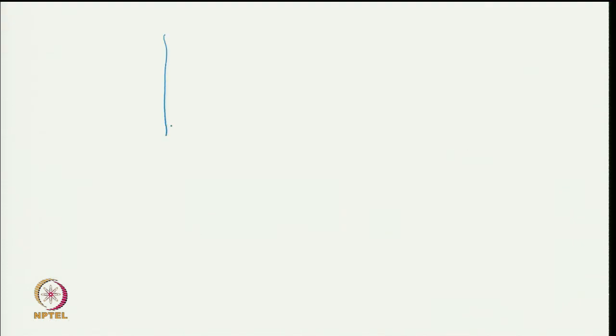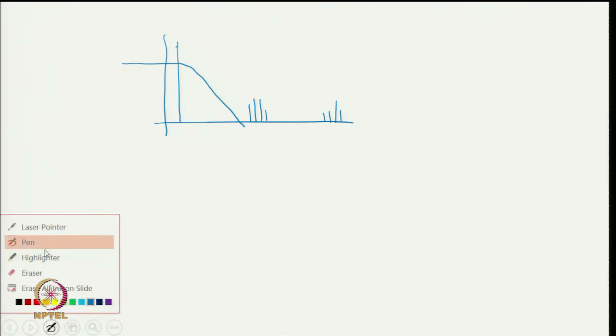This is the fundamental and there are harmonics which are present here, and then there are second harmonics like this. So, we can design our filter such that the corner frequency is well ahead of the first band of harmonics.